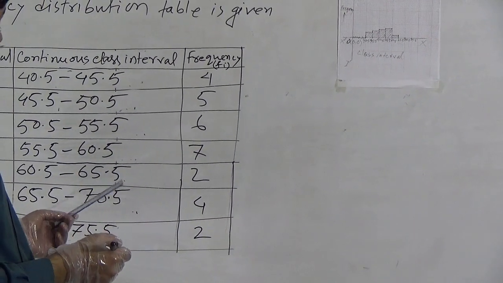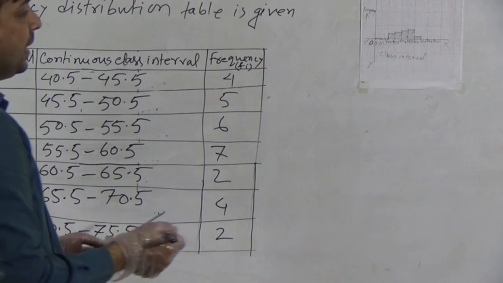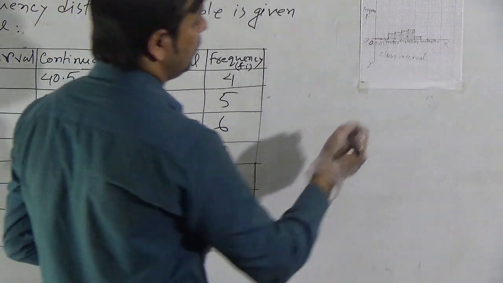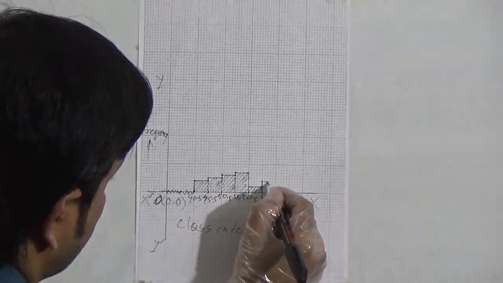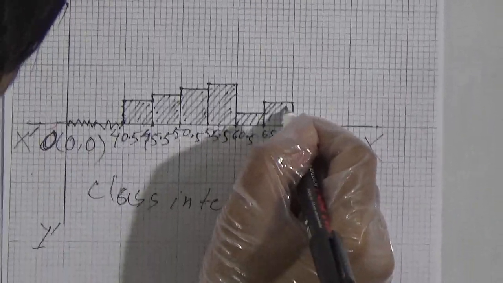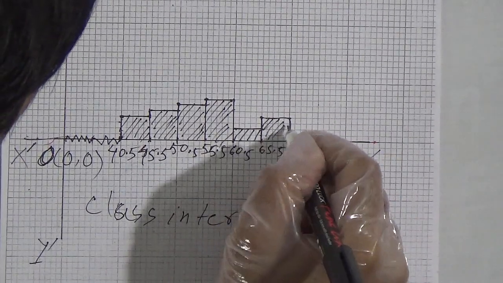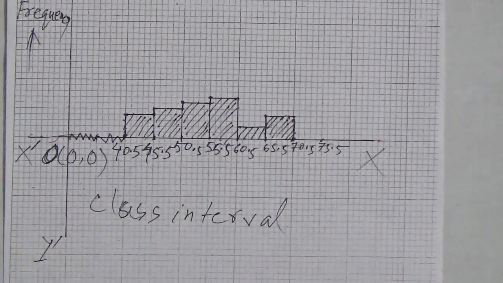This is the rectangle for the class 60.5 to 65.5. Now 4. This is the rectangle for the class 65.5 to 70.5.